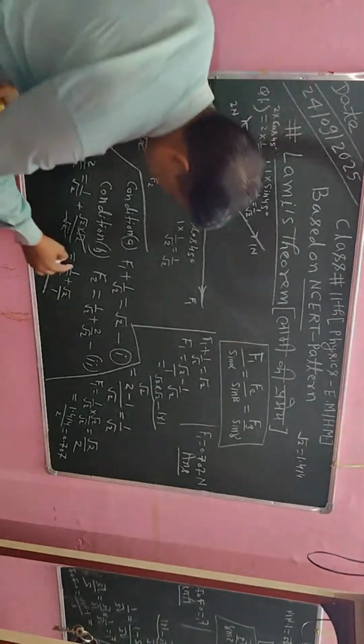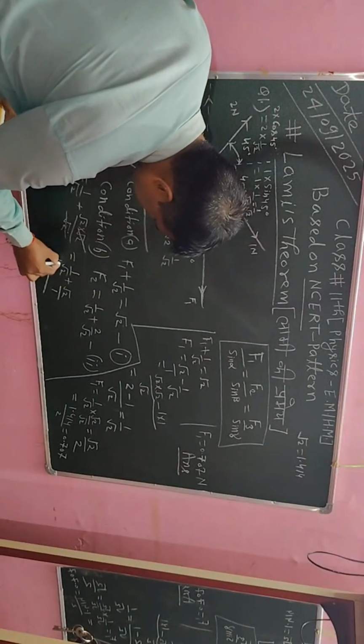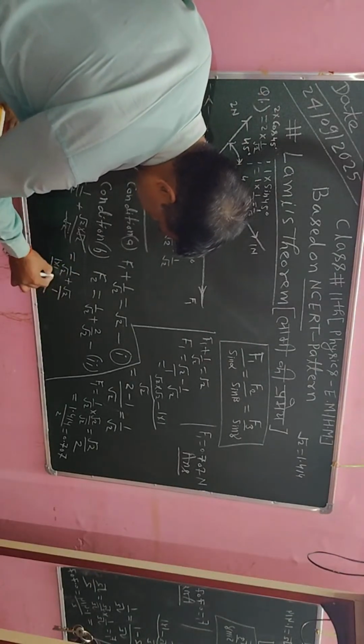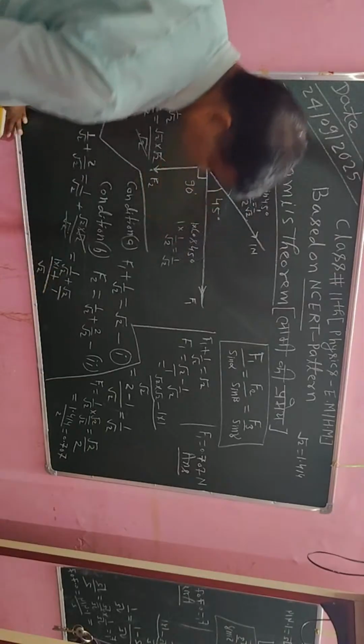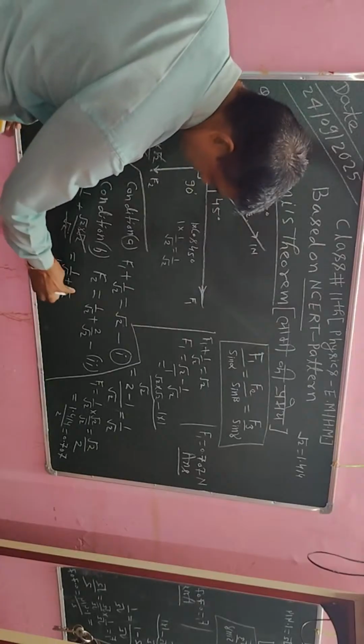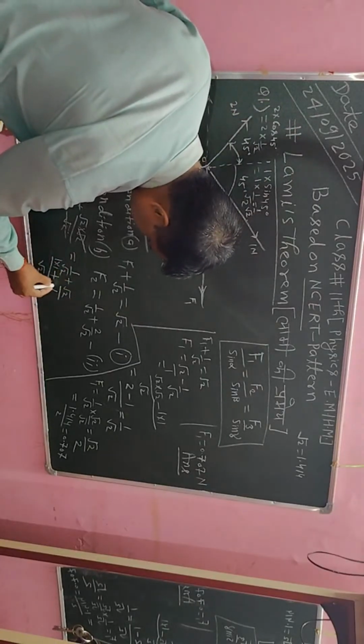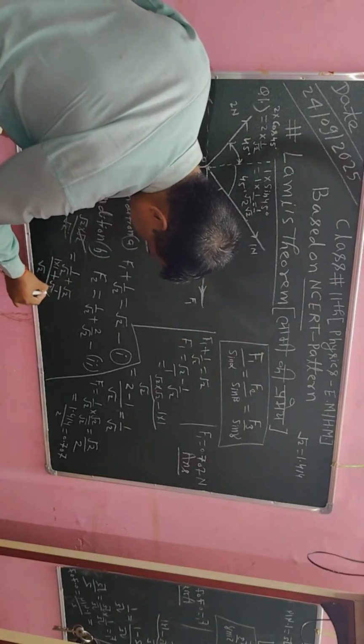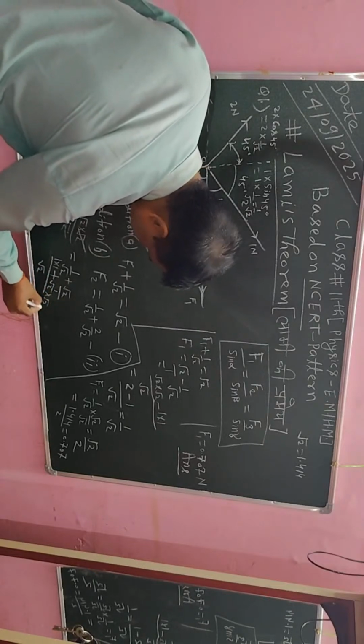So here I will write 1 into 1. Here the plus sign is again, so I have to put the plus sign. Now root 2 divided by 1 will become root 2. So root 2 into root 2 I will write here.